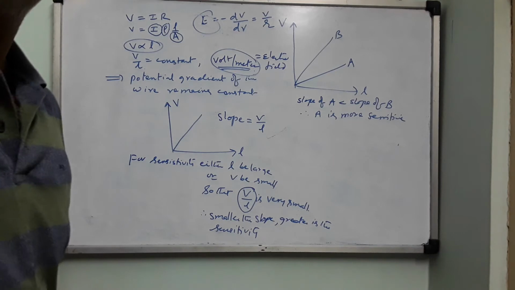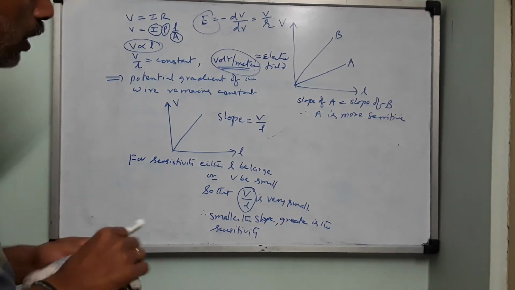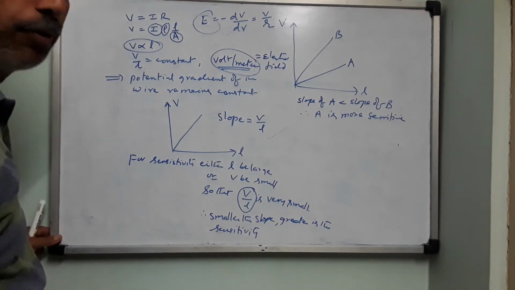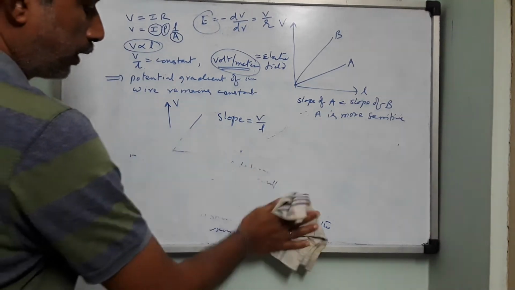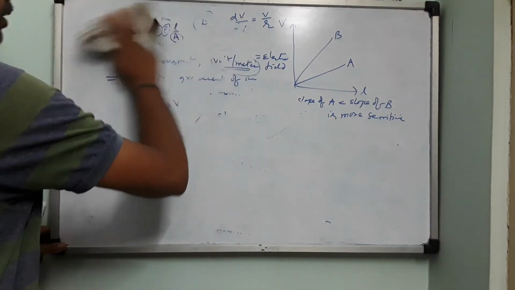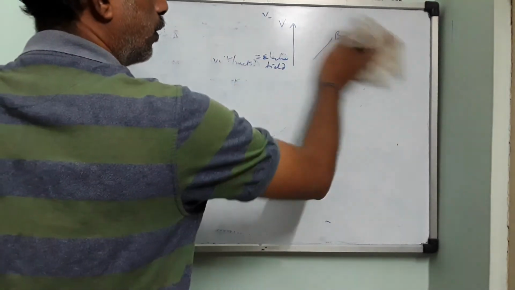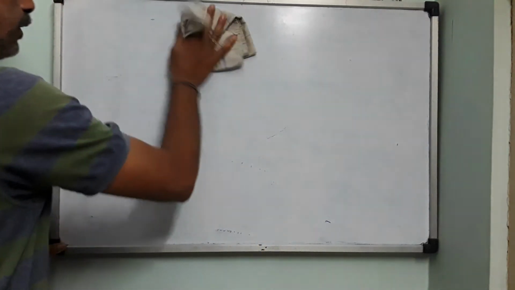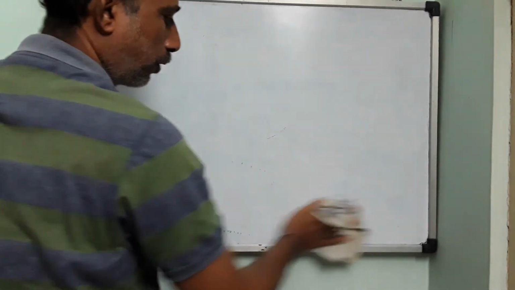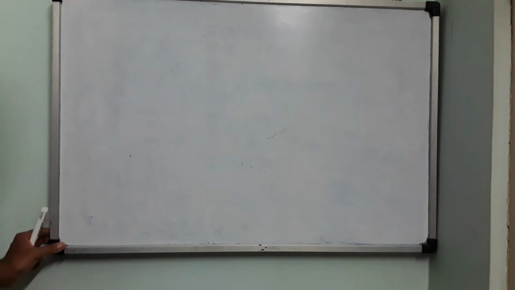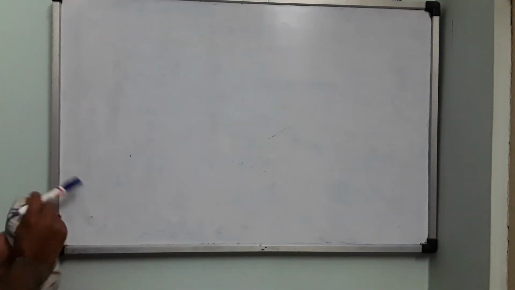Now we will discuss today how the potentiometer can be used to determine the internal resistance of a given cell, and the second application is how it can be used to compare the EMFs of two given cells.